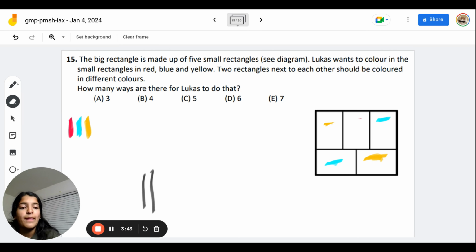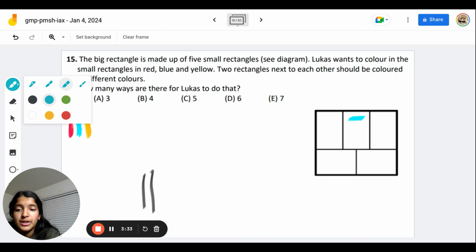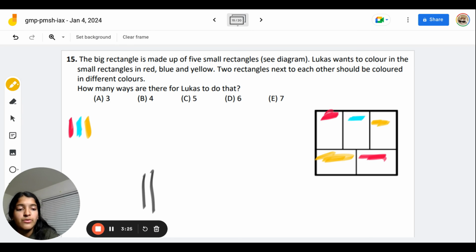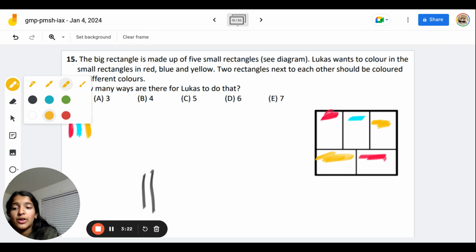Okay. Now we need to go to our third combination. For our third combination, we would put blue in the center this time. So blue is right over here, and then we would have red over here, and red over here, and then we would have yellow over here and yellow over here. So that would be our third combination.